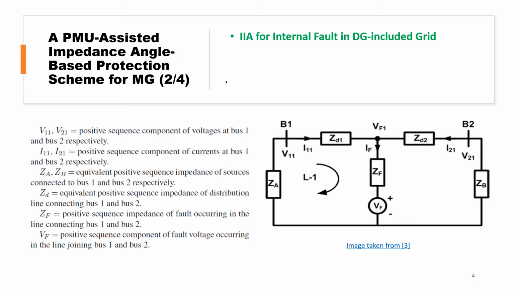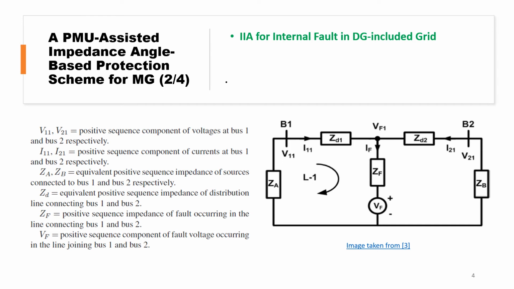Similarly, we have I11 and I21, which represent the positive sequence components of currents at bus 1 and bus 2 respectively. ZA is the equivalent positive sequence impedance of the source connected to bus 1, while ZB is the equivalent positive sequence impedance of the source connected to bus 2.